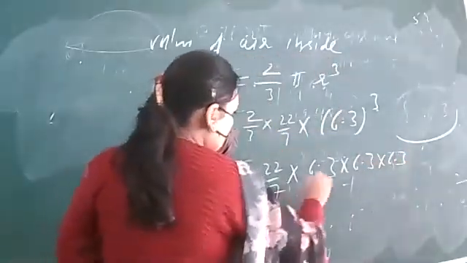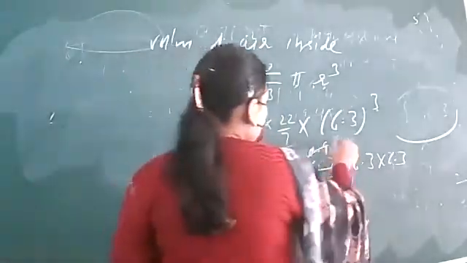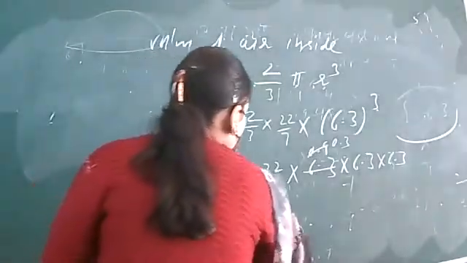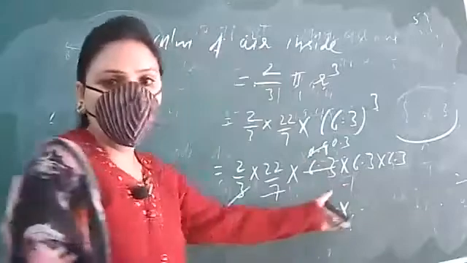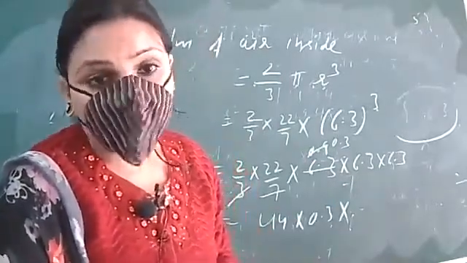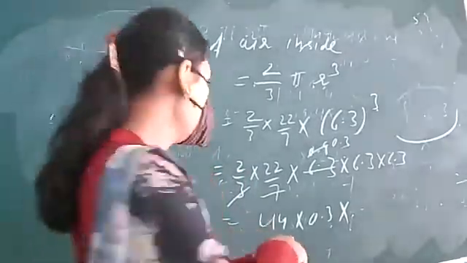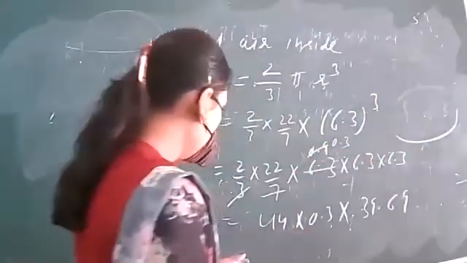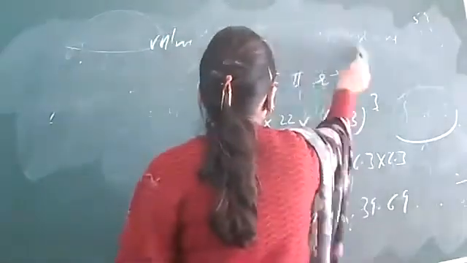So this get cancelled. This is 0.9. Again this get cancelled, 0.3. So we are having it to be 44 into 0.3 and 6.3 into 6.3. Right now we have multiplied it 6.3 into 6.3. That has given us 39.69. So this is 39.69, right? So let us do the multiplication further.